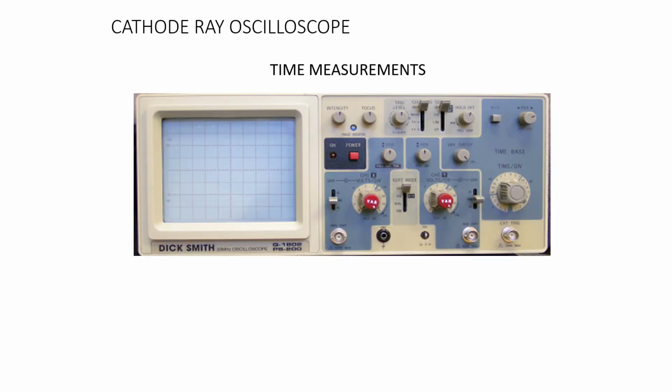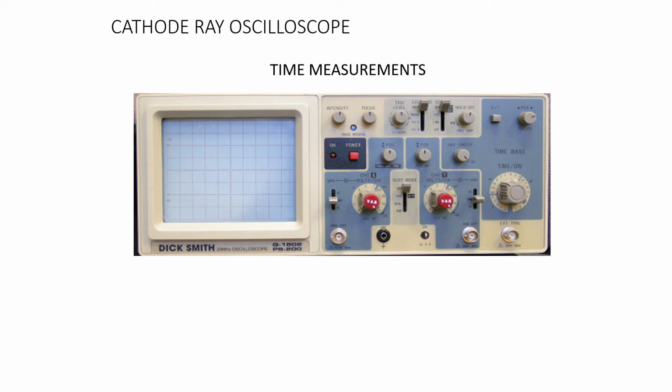The measurements which we can make using a CRO are time measurement, that is frequency measurement, and amplitude measurement. Before seeing the different types of measurements which can be made using a CRO, let us brush up the various controls on the front panel of the CRO.